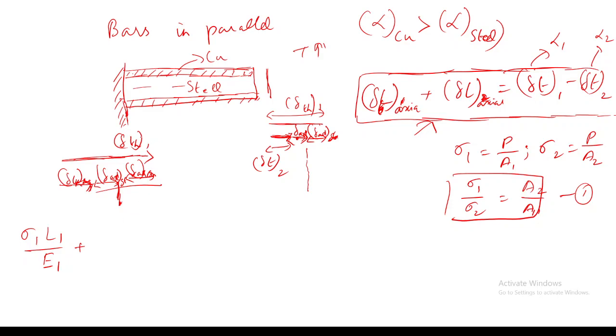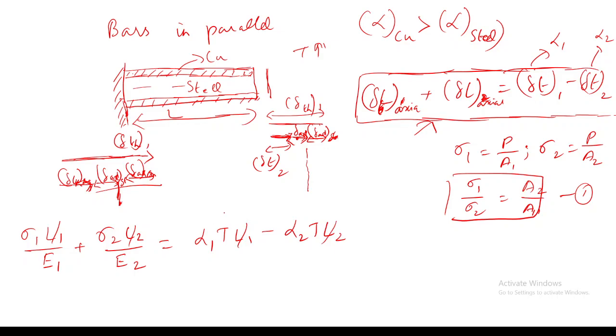Here L1 and L2 are the same, because this is a composite bar of length L. So again sigma 2 into L2 divided by E2 equals alpha 1 into T into L1 minus alpha 2 into T into L2. And here L1 and L2 are equal, so I am cancelling out all the L's. And alpha 1 is greater than alpha 2, so what you will get here is a positive value.